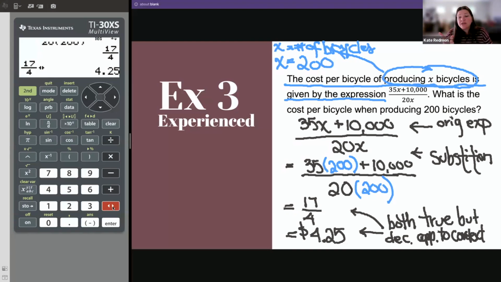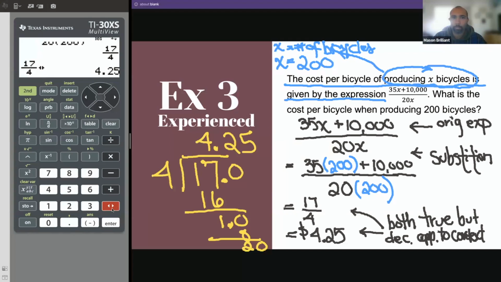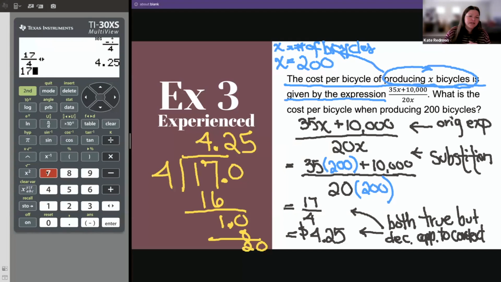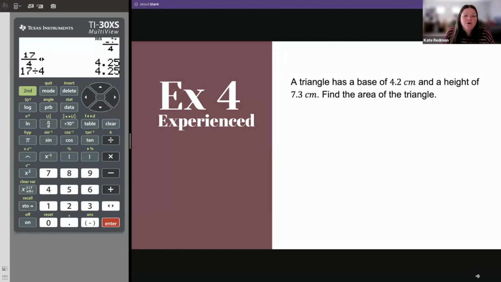What operation does it mean, Mason? Divide. So if I took 17 and divided by 4, you know what I'd get? 4.25. Or Mason, I could have just done this too, by the way, 17 divided by 4, instead of the regular fraction bar.